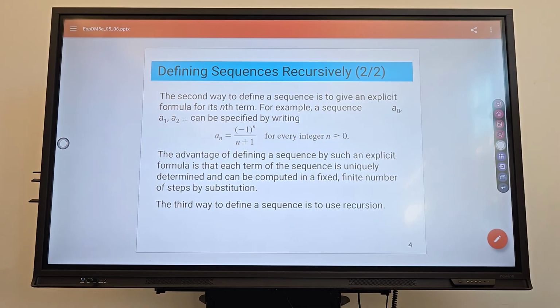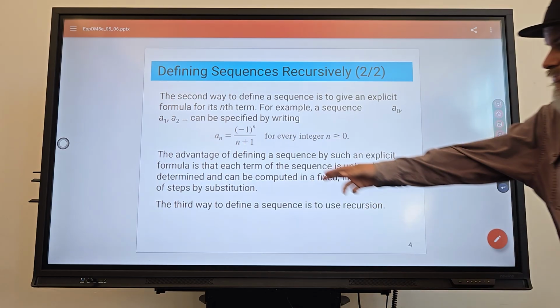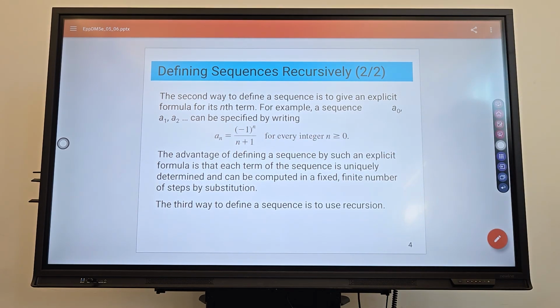So the sequence can be specified by writing this, for example. The advantage of defining a sequence by this method is that each term of the sequence is uniquely determined and can be computed in a fixed finite number of steps by substitution.